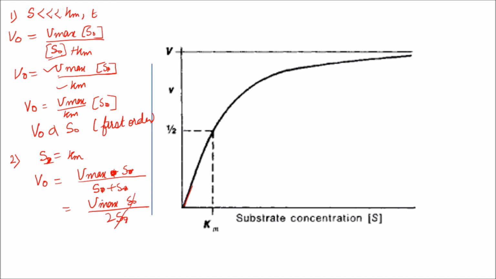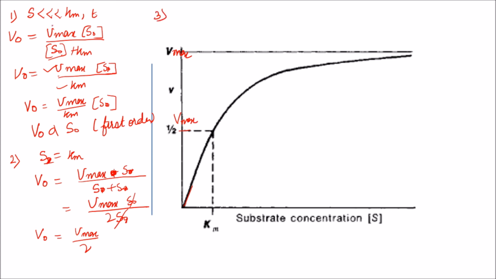So at this point, initial velocity will be half of the V max. We can see here, if this is the V max position, then this will be half of the V max.